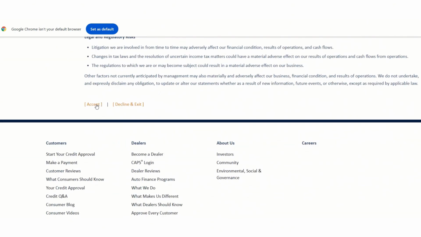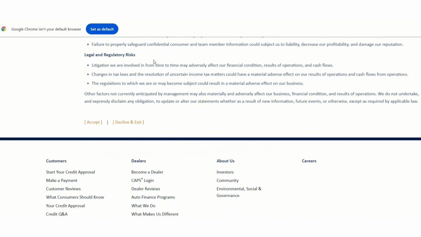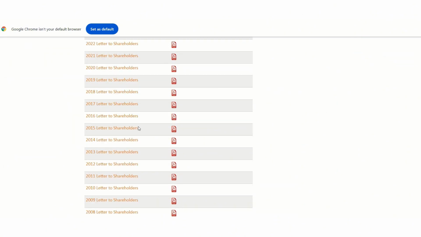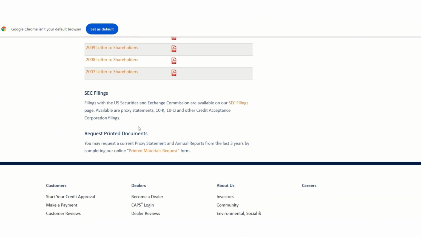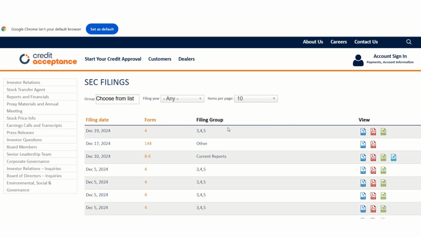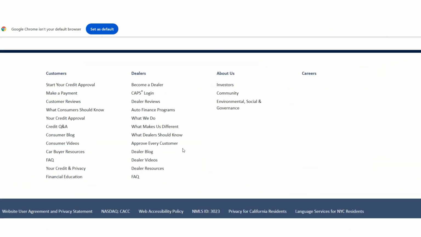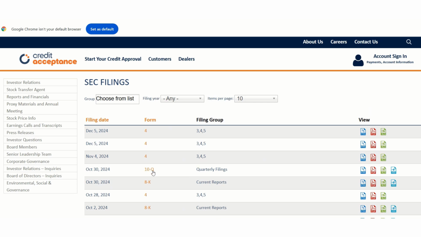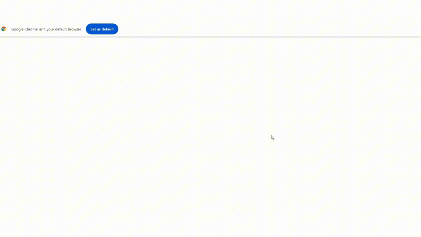We're going to read everything and then know what you're accepting. We're going to go all the way down, right? SEC filings page. And then we want to go to the 10Q, right? 10Q, right? Quarterly filings, PDF, bang.